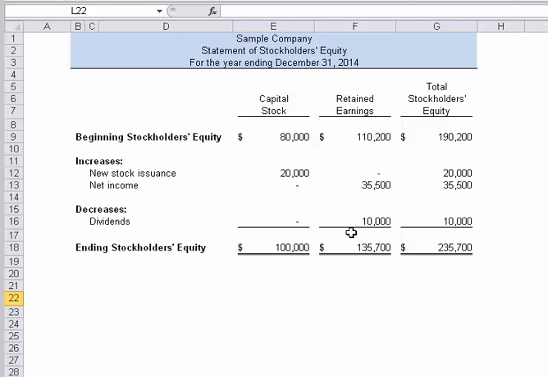The decreases they had was $10,000 of dividends. So as a result, we had ending stockholders' equity of $100,000 of capital stock, $135,700 of retained earnings, for a total of $235,700. Now, we need that number too. In fact, we may need the 100 and the 135 to prepare the next statement, which is the balance sheet.